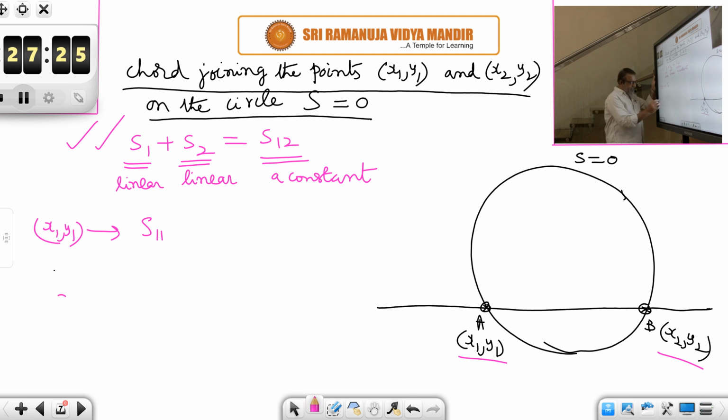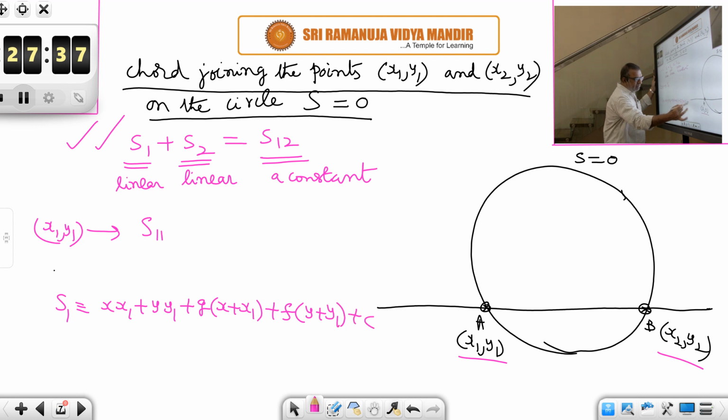Because what is S1? S1 is xx1 plus yy1 plus g into x plus x1 plus f into y plus y1 plus c. In this, if I substitute x1, y1, what do I get? I substitute x1 here, here, here, here.